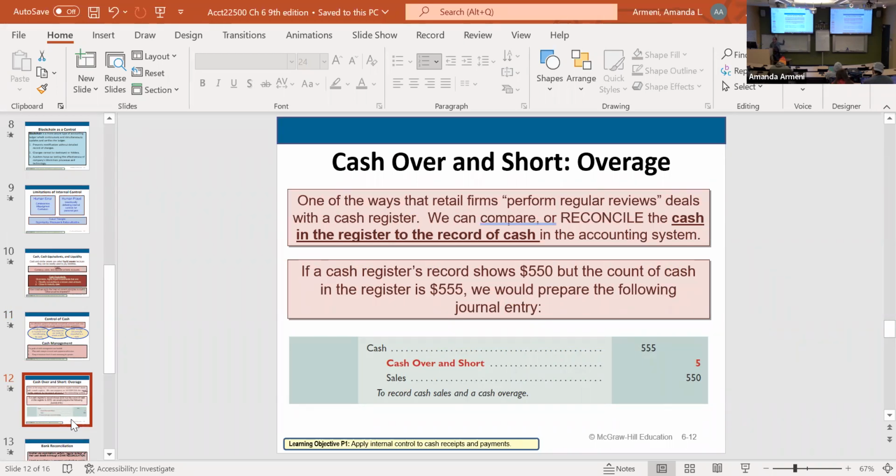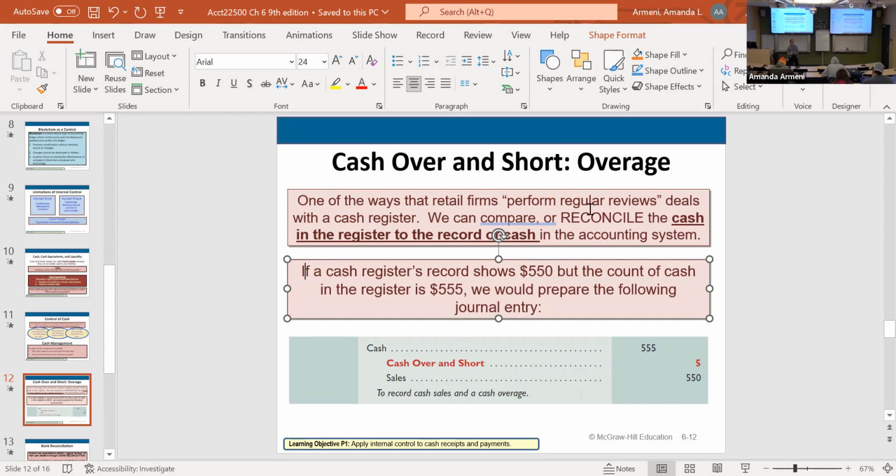And what we want to make sure that we also understand is what happens if we are operating a cash register within our organization and the cash that we have in the drawer doesn't match up to the cash that's in the register tape, right? As you make a sale to a customer, as you process a return, right?